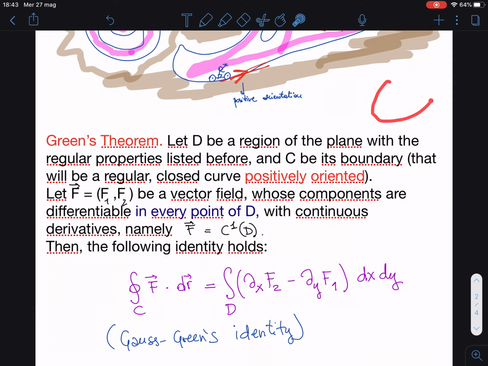Moreover, we want the boundary to be positively oriented, in the sense that the interior part of the domain, all this stuff here, is always at the left hand side of the point that is running through the boundary. Okay.